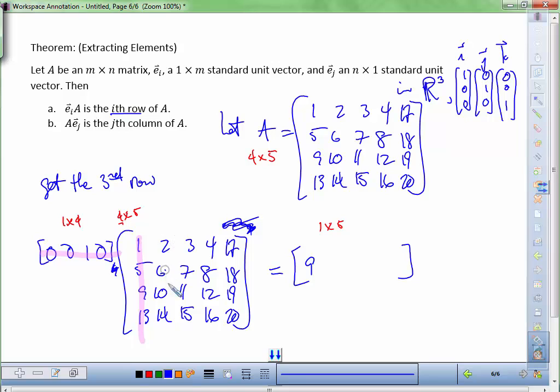I get 0, 0, 10 and 0. 0, 0, 11, and 0, etc. And then I've been able to come up with the third row of my A matrix. Okay? You see how that happened? All the zeros wiped out all the other rows, and all you have left is whatever position that 1 was in.